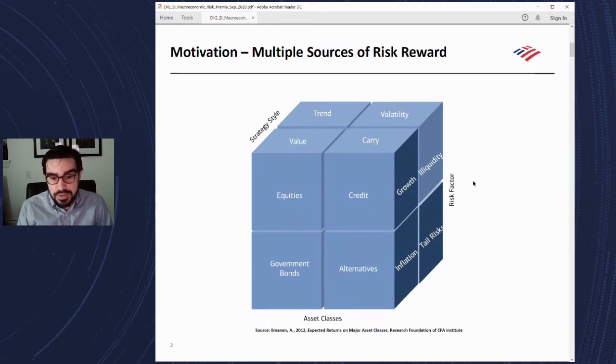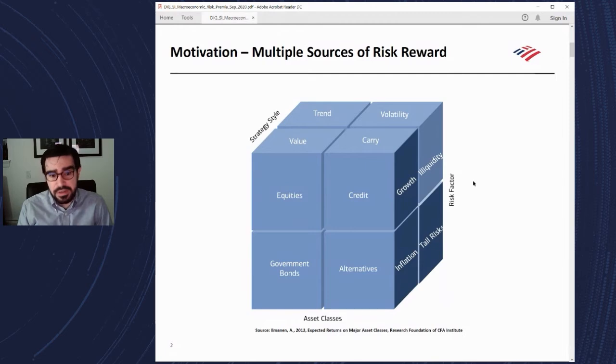So different asset classes have different risk-return characteristics, and those risk-return characteristics organize our thinking around how we can combine them into portfolios. Then there is a second dimension that one can consider, and that second dimension has to do with organizing those individual asset classes across specific characteristics, and those characteristics have to do with trend, volatility, value, carry, and so on and so forth.